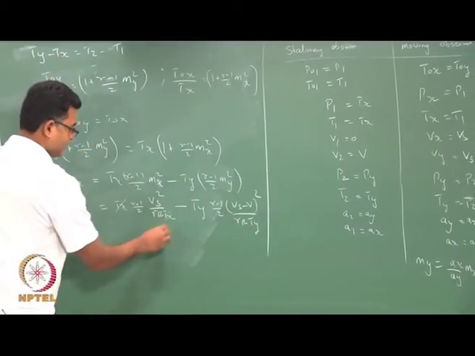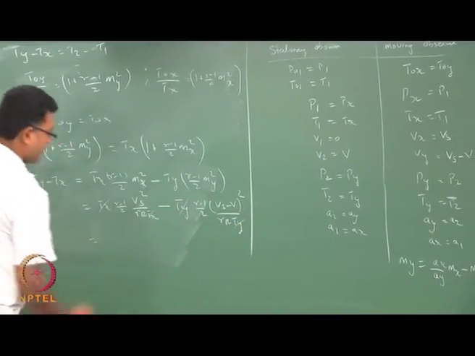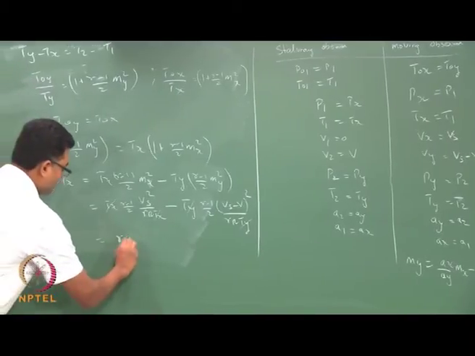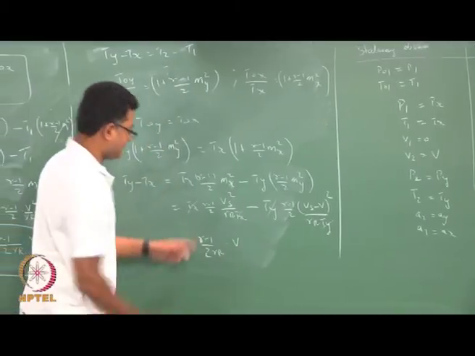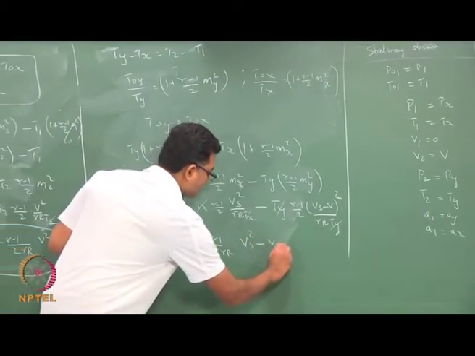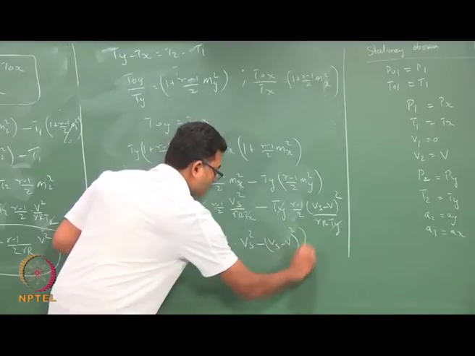So, Tx cancels, Ty cancels, I end up with gamma minus 1 by 2 R gamma into Vs square minus Vs minus V the whole square.